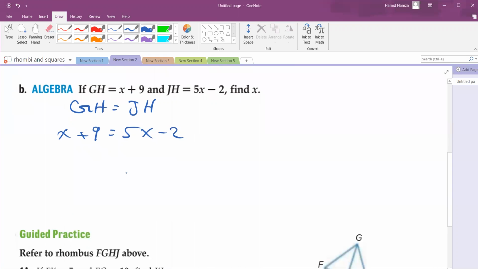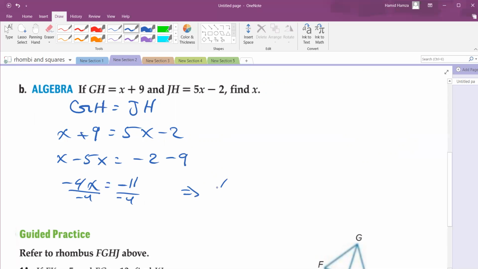We'll solve the equation and find the value of x. So x minus 5x equals negative 2 minus 9. So negative 4x equals negative 11. We'll divide by negative 4.